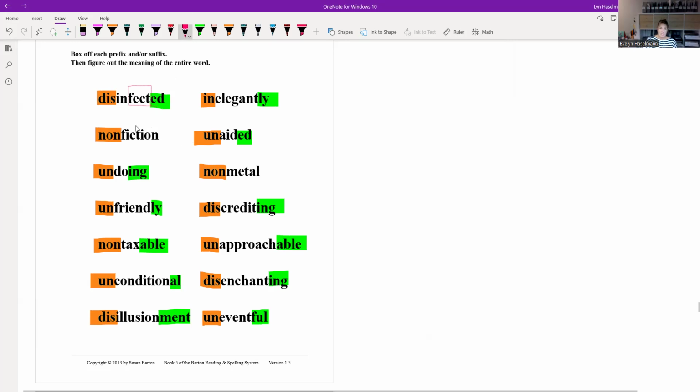Nonfiction. Now, remember, tion sometimes acts like a suffix, but not in this case. Your base word would have to be the whole word fiction. Fict itself, again, fict is a Latin root, but we're not talking about Latin roots here, so your base word is fiction. Okay, undoing, base word do, not doing right now.